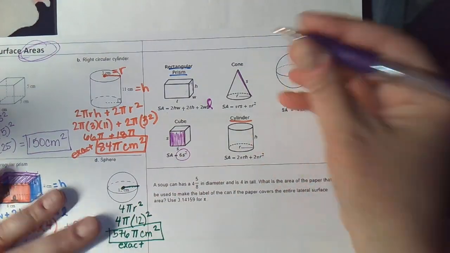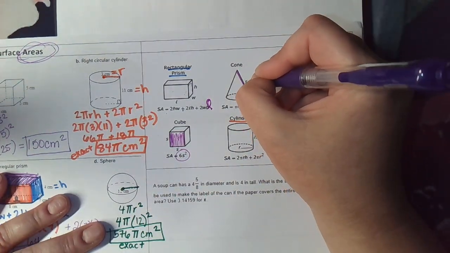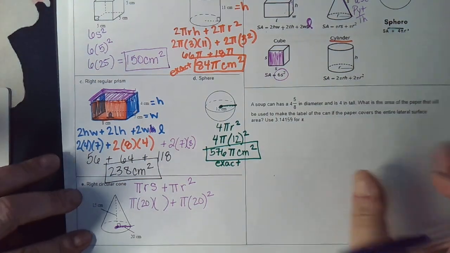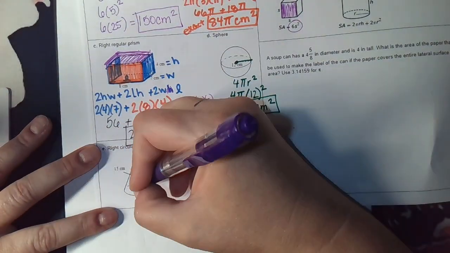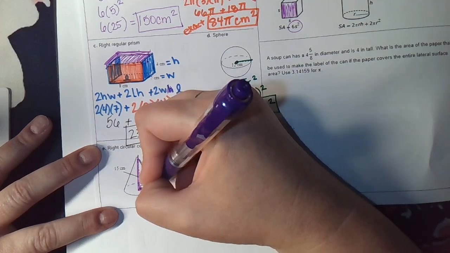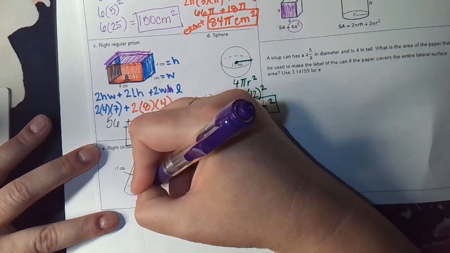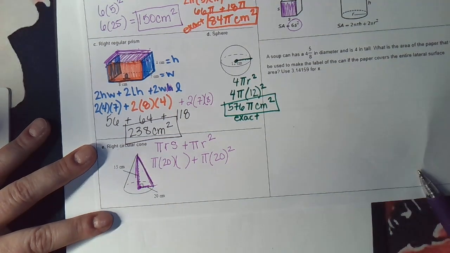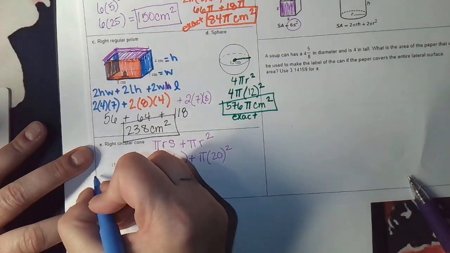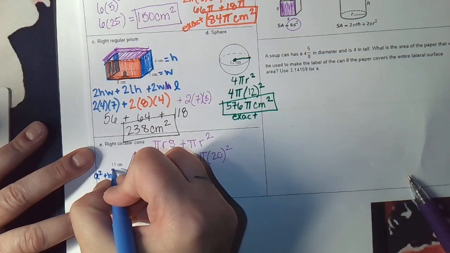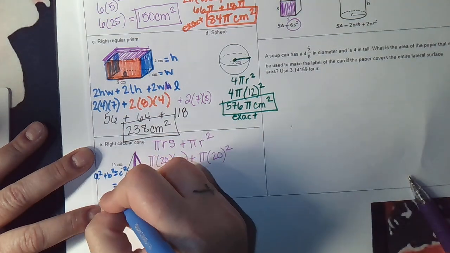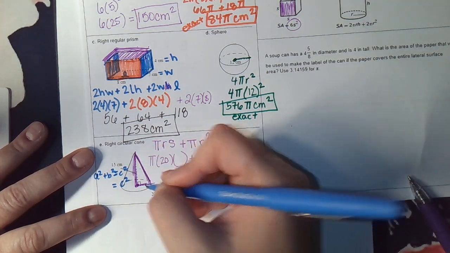Okay, to find the s, we're going to use the Pythagorean theorem. So, I should see a little triangle up in here. A right triangle, to be specific. And so to find that hypotenuse, we're going to do the Pythagorean theorem that says a squared plus b squared equals c squared, where c is the hypotenuse and we don't know it.